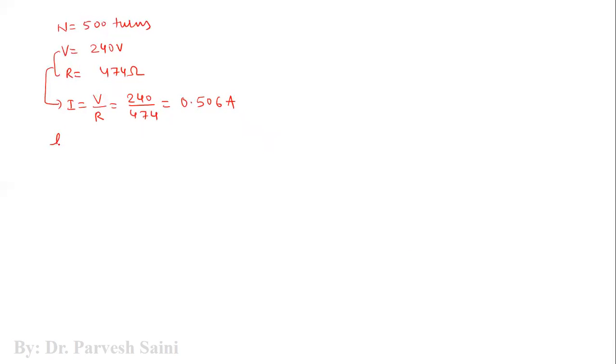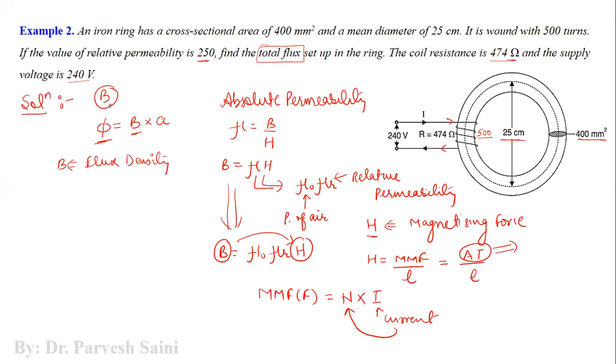Now the length is also given. So how will we find out length? Let us see. So the length of this particular magnetic circuit is the circumference of this ring, right? So this L in this case is the circumference of the ring.